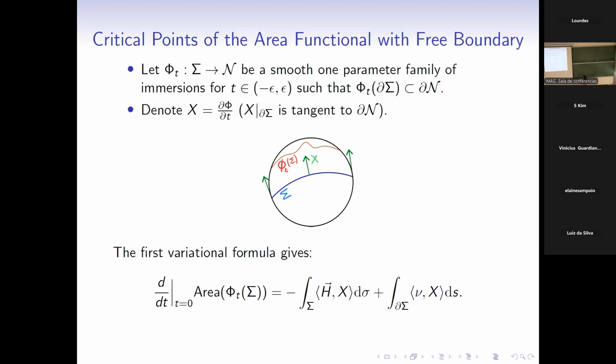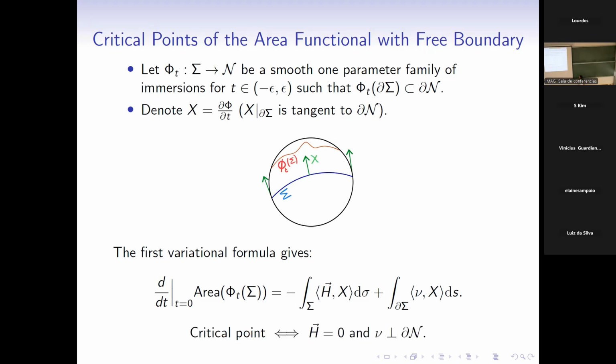Okay, so when you look at the first variation formula for the area, and here it's a little bit different from the case that Dan Pedovar mentioned last time, because here we are letting the boundary vary, you get this formula. So you see that your surface will be a critical point for the area functional with this condition if and only if this is 0 for any X with this condition.